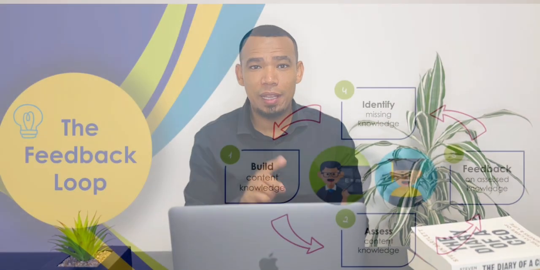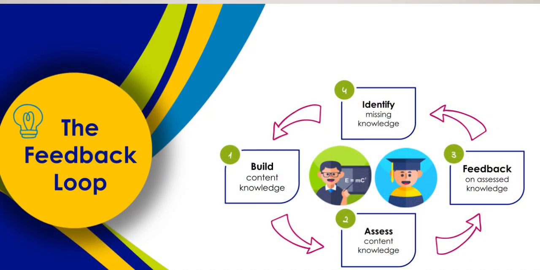So let's say we write a test, right? The learner gets the feedback in the form of the results. Now the learner knows exactly where they are and where they should focus on the next time, right? But with that, I want to talk about the feedback loop, because when we talk about formative assessment, the feedback loop plays a vital role.